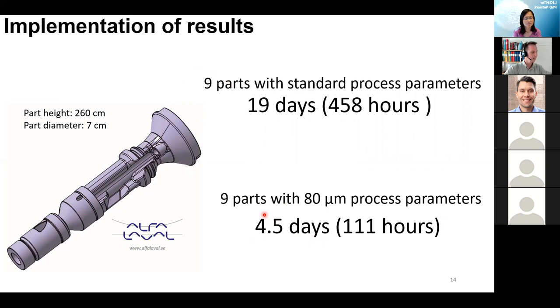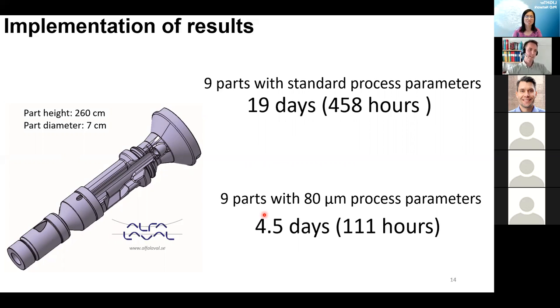But this kind of highlights why we need to address the productivity part. I mean, 19 days for 9 parts, that's too long. I actually have the part here, so it's quite big. It's larger than what you usually see in additive manufacturing.